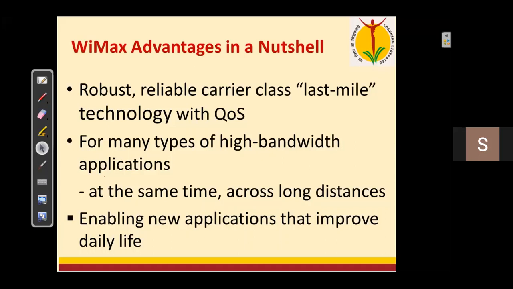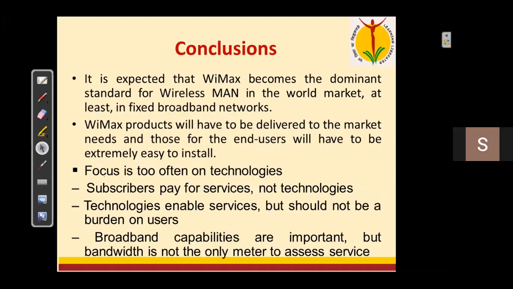It is used for large distances and good quality of service. We can have very high bandwidth applications wherever we require. If we want to send a very high data rate, we can use it, and we can enable different applications. So what is the conclusion behind it?